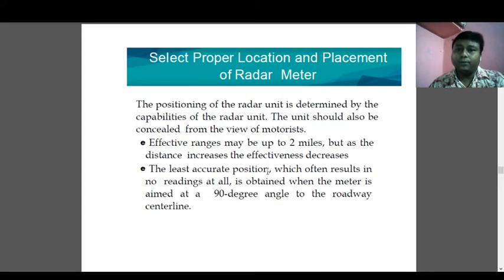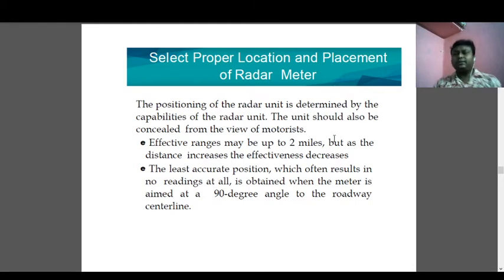Now, select the proper location and placement of the radar meter gun. The position of the radar unit is determined by the capabilities of the radar unit. The unit should also be concealed from the view of the motorist. Effective range may be up to 2 miles, but as the distance increases, the effectiveness decreases.